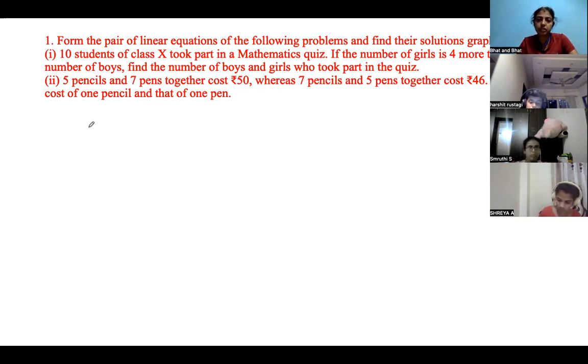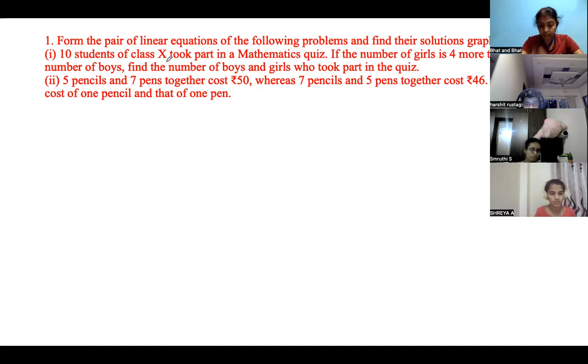If the number of girls is 4 more than the number of boys, find the number of boys and girls who took part in the quiz. So they're telling that there is a quiz, and in the quiz, totally there are 10 students of class 10 who took part in a mathematics quiz.